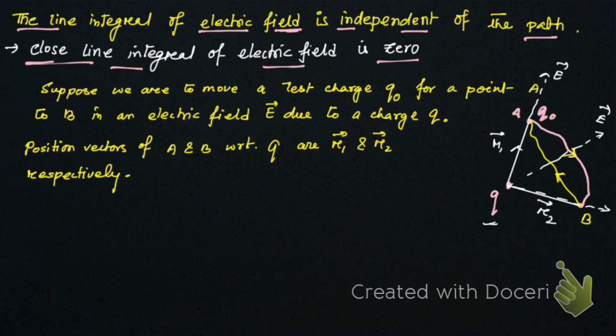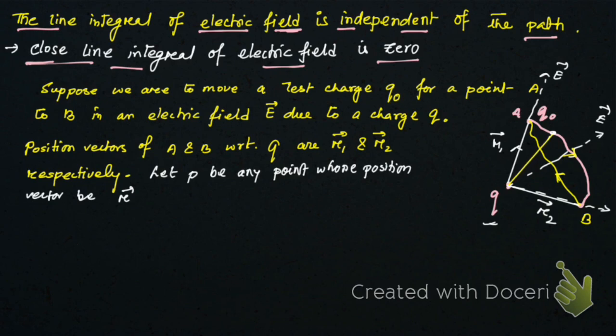Now let us take a point P here with position vector r vector, and its direction is given by r cap.